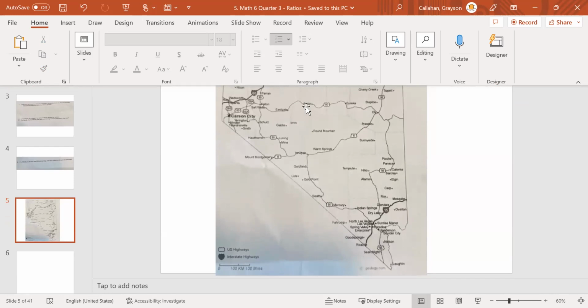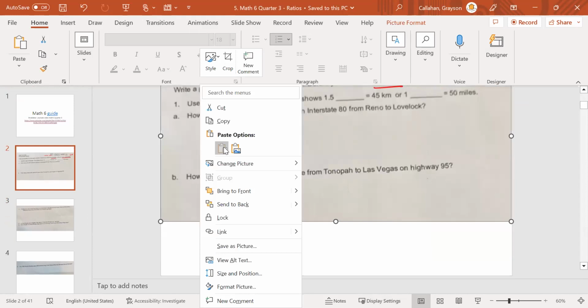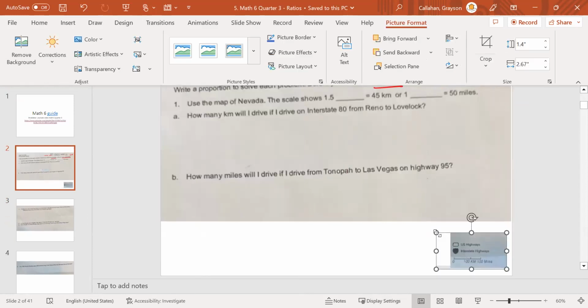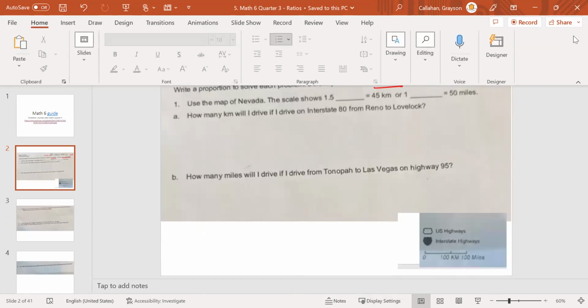I don't understand this. Do you understand this? Okay, let's see. The scale, this is the scale, 1.5 blank equals 45 kilometers. So, well, this is 100 kilometers.